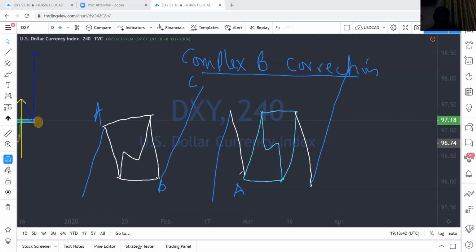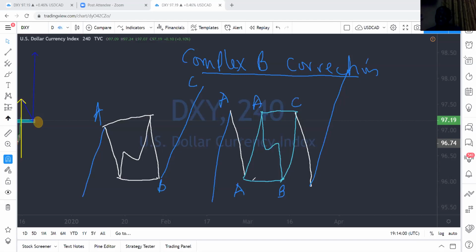So this first one that goes up is the A wave because it's impulsive. This one is a three-wave correction, which is a B wave. B will be here. And then this one is impulsive, so it will be the C wave.